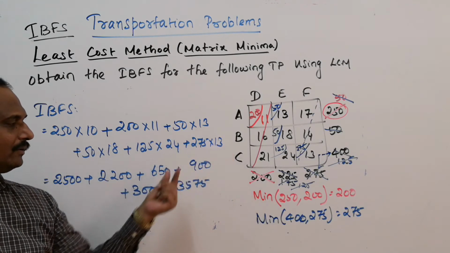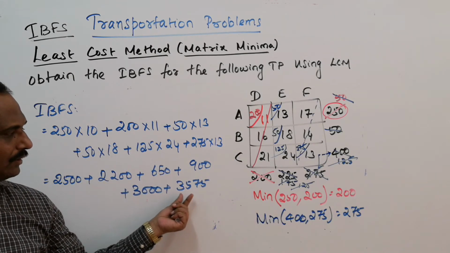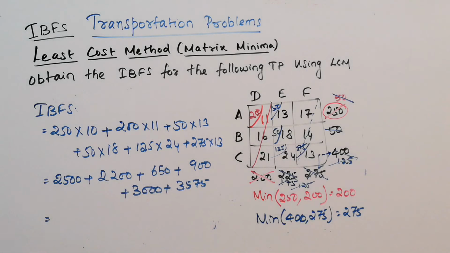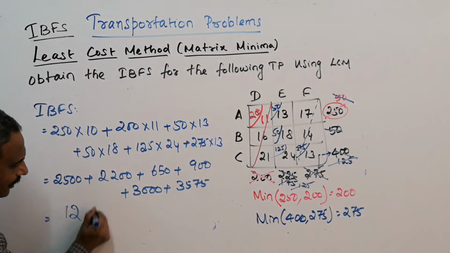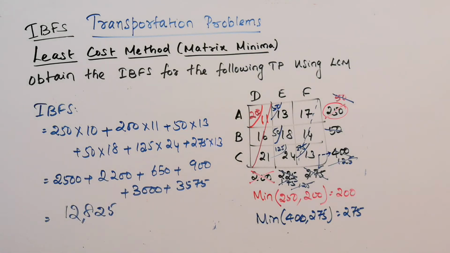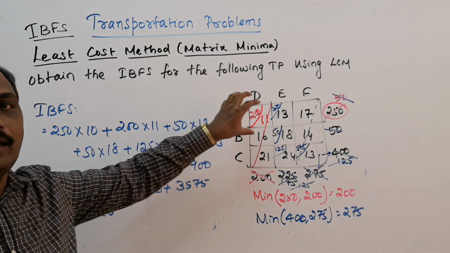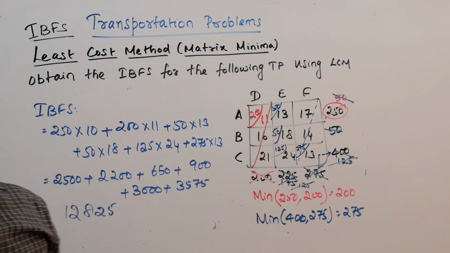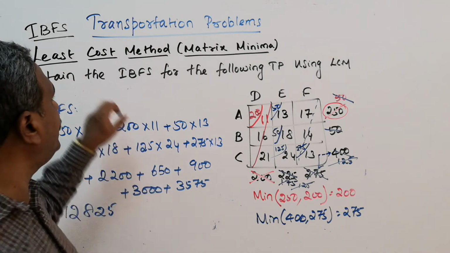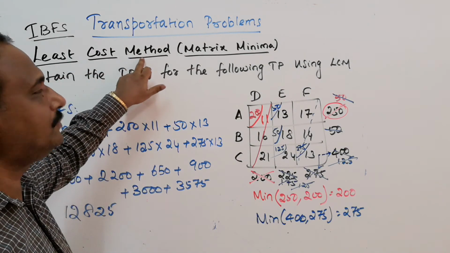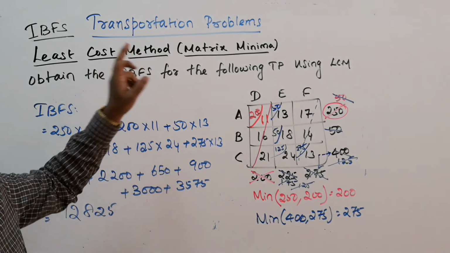And 275 into 13 is 3575. We find the total, which is 12,825. This is the initial basic feasible solution for the given transportation problem using the least cost method.